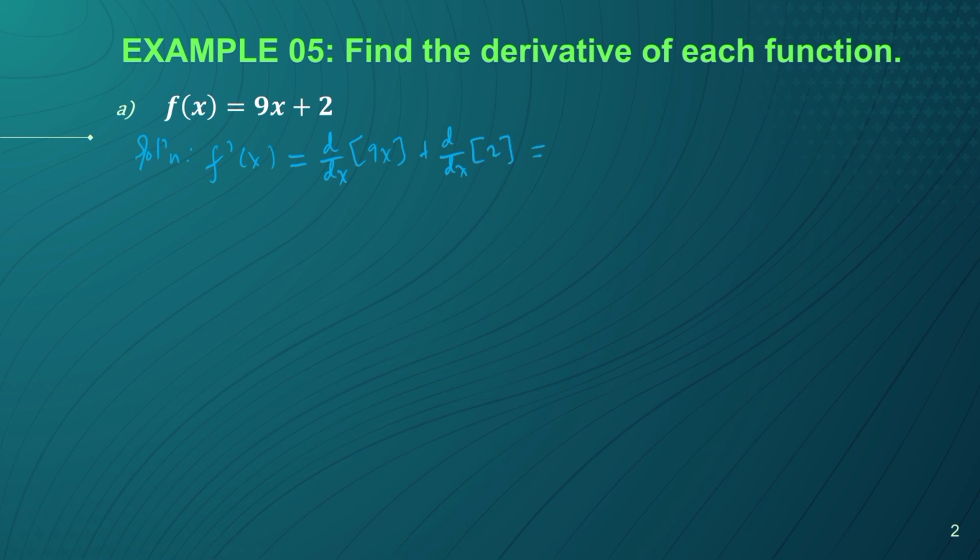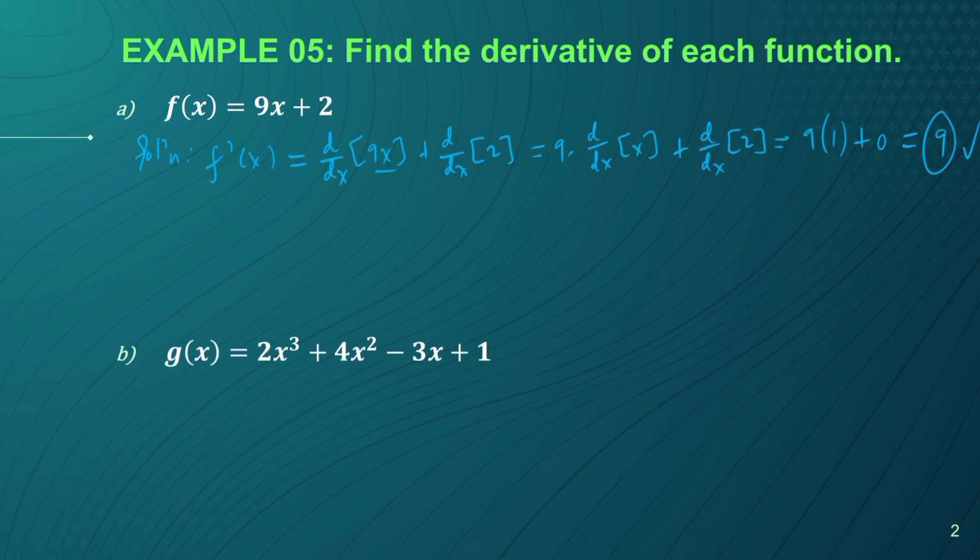Simplifying further, for 9x, that's 9 times d over dx of identity function x plus the derivative of constant 2. Again, the derivative of identity function x is always equal to 1. So 9 times 1 plus the derivative of a constant, which is 0. So 9 times 1 plus 0, that's 9. So this is now the derivative of the given function.